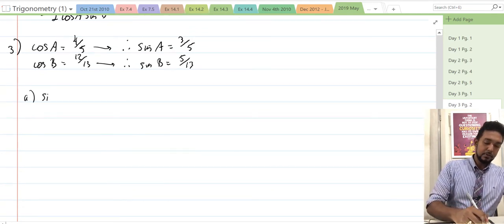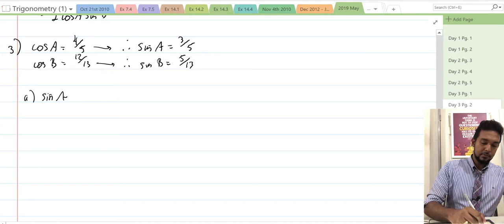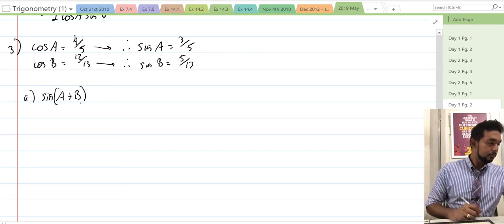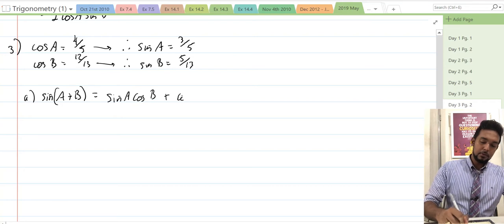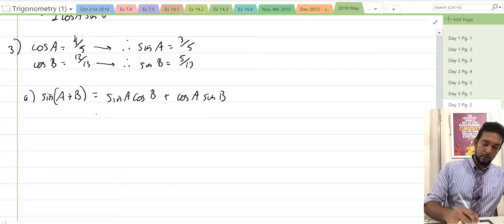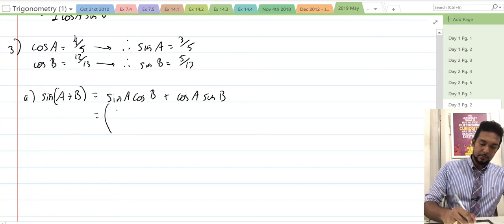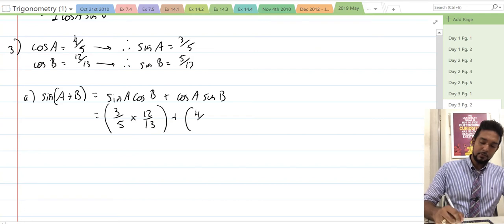Sine of A plus B. That's going to give us sine A cos B plus cos A sine B. Sine A is 3/5, cos B is 12/13, plus cos A is 4/5 by 5/13.